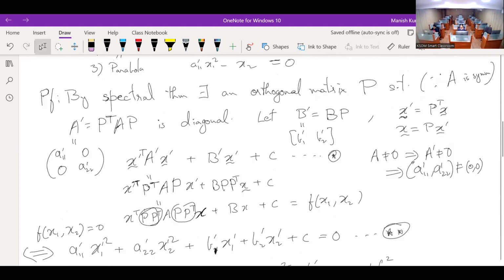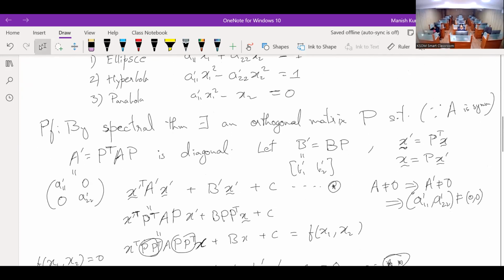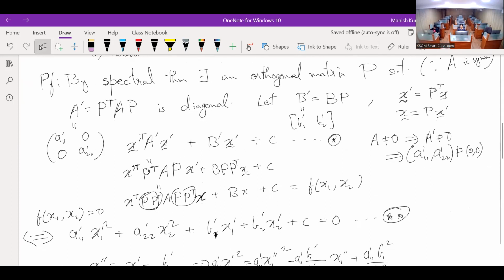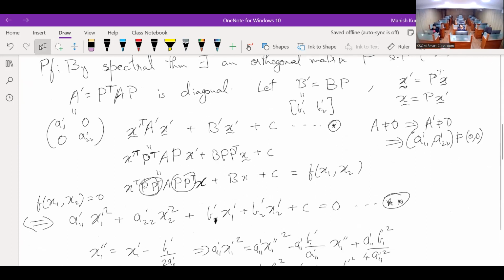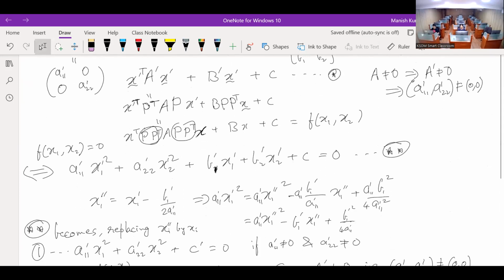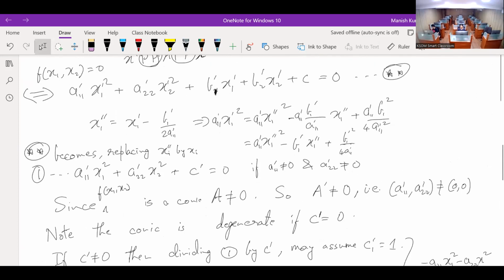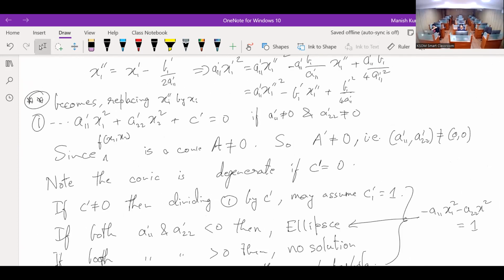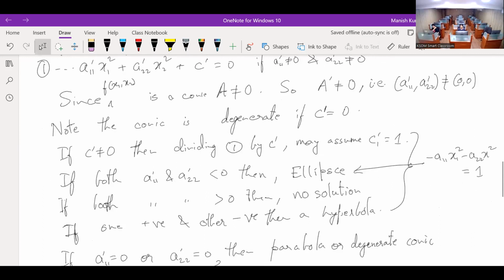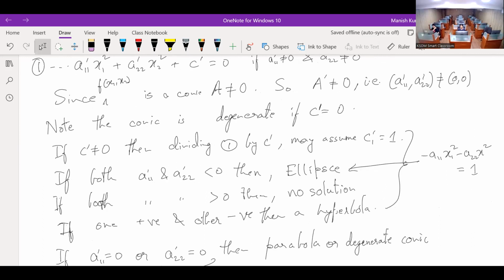So if you are given an equation, then you can look at the eigenvalues, and that will tell you. In some situations, it will tell you exactly. If you also know that it's a non-degenerate conic, then from the eigenvalues itself you can decide whether it's a parabola or a hyperbola. If one of the eigenvalues is 0, then it must be a parabola.